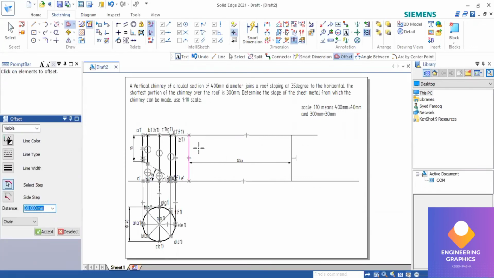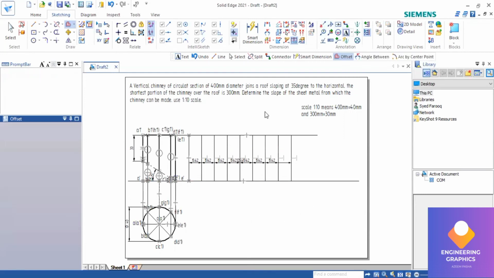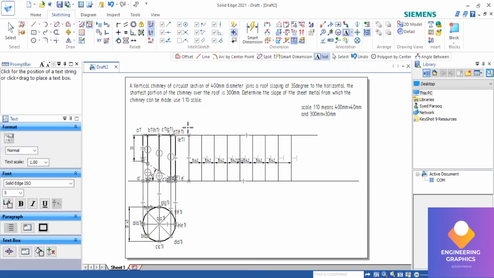The length you can type it here, it is 15.7, okay, and offset it to the required length here. You can see it has been equally spaced here. Now you can write down the notations, in capital letters, capital A, B, C, D.